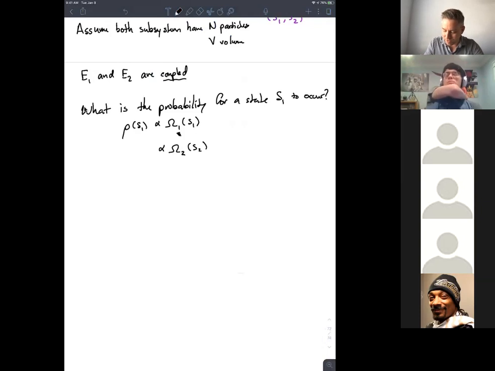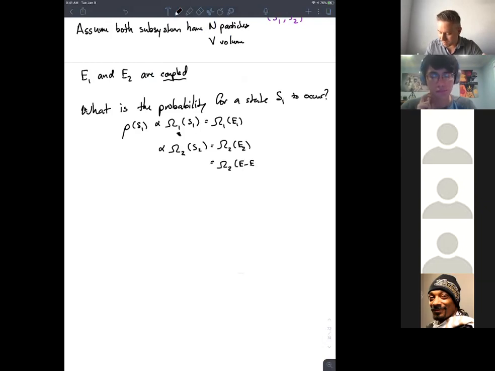So this density of states to find it in S1 is going to depend upon what the energy of state S1 is, and this is going to depend upon what E2 is. But now, E2 and E1 are coupled, so we can express this as omega 2 of E minus E1.